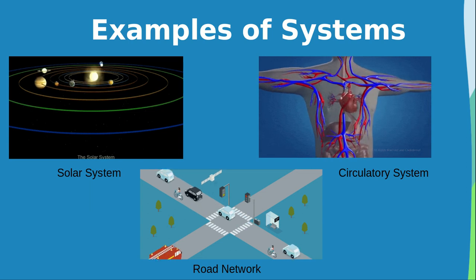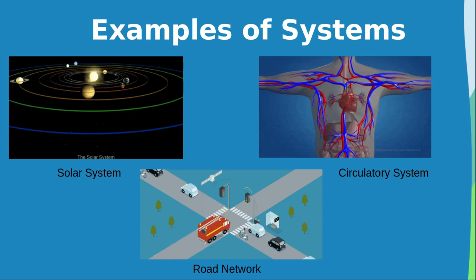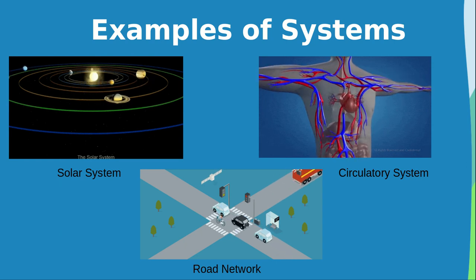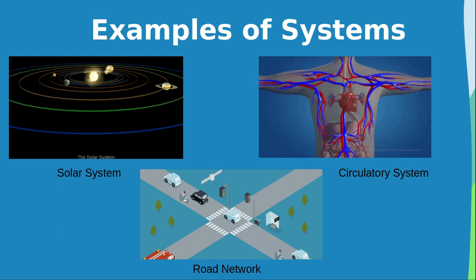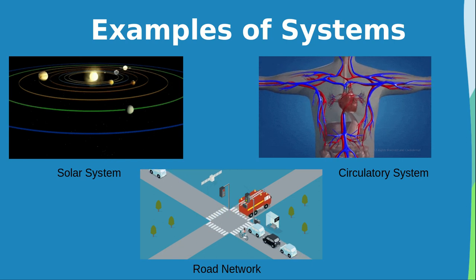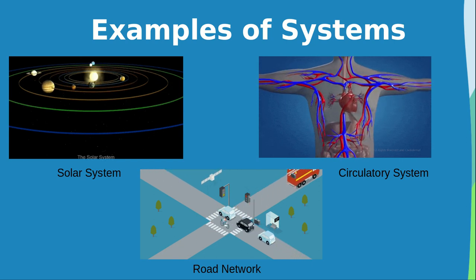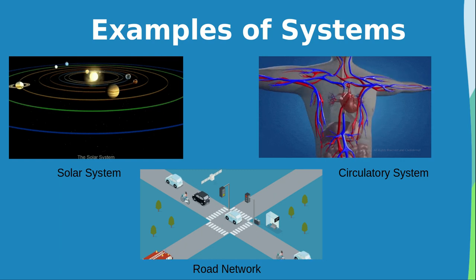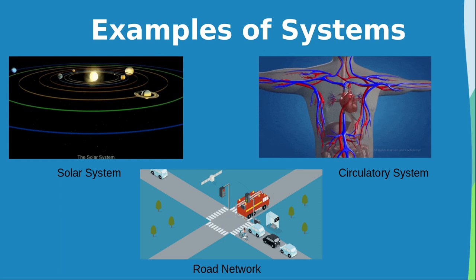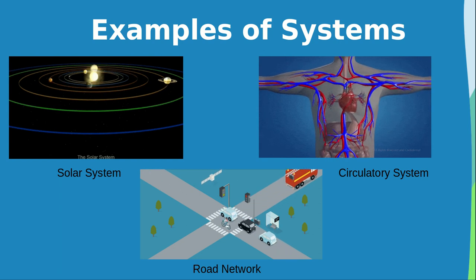Let's look at some of the examples of systems. Actually, we have got tons of them, but I just picked three for the purpose of demonstration. On your screen on the left, you can see there is a depiction of what we call a solar system. At the center of that black image, there is that yellow glowing round object which is representing the sun.